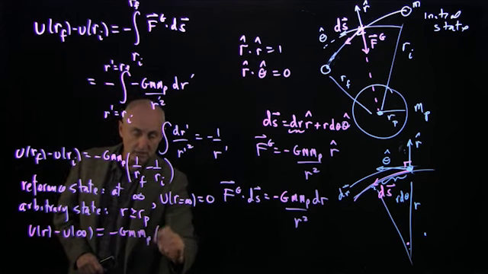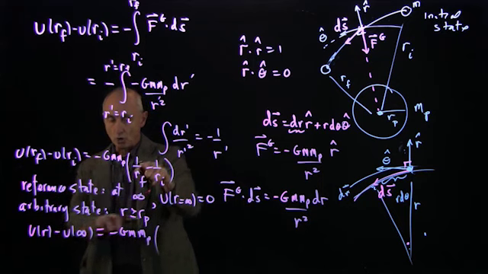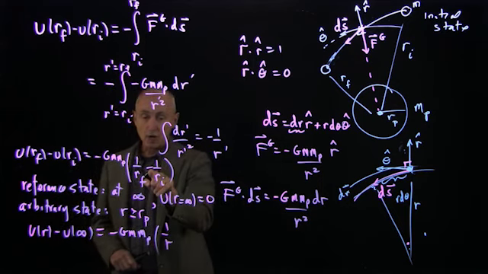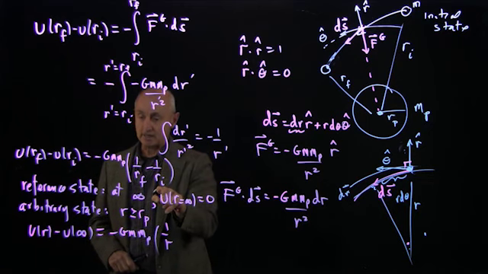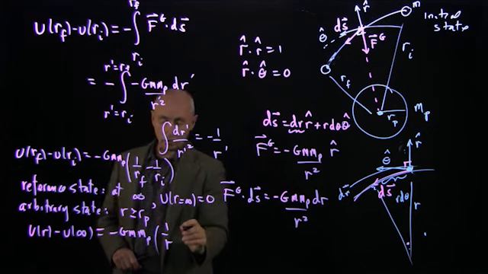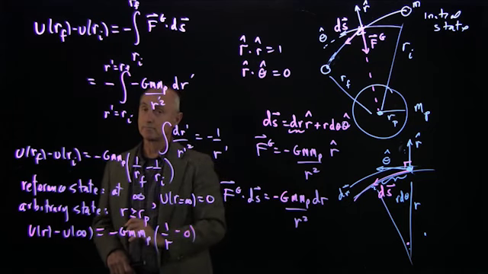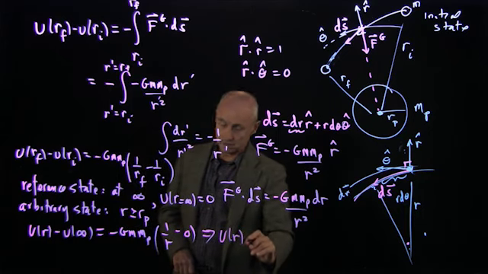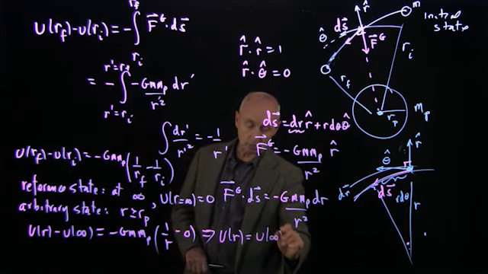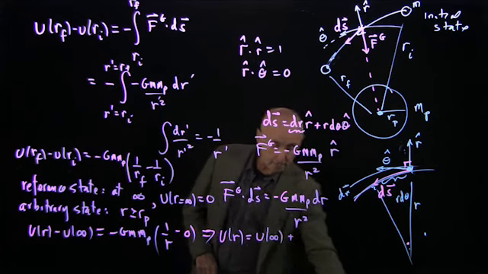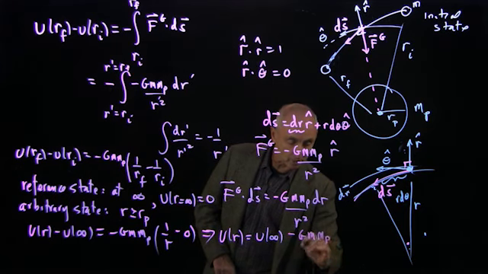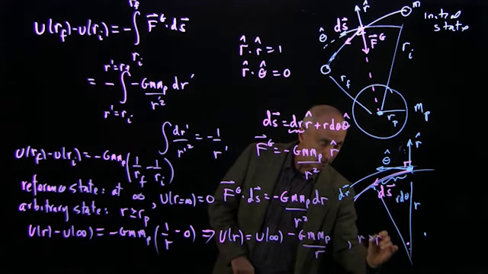And here's the reason why we choose that reference point. 1 over our arbitrary state is just minus 1 over r. But 1 over infinity, if we use the initial state as the reference point, is 0, so that's minus 0. And so what we get is that the potential function is equal to our reference potential plus, actually minus G m mass of the planet over r for r bigger than our planet radius.